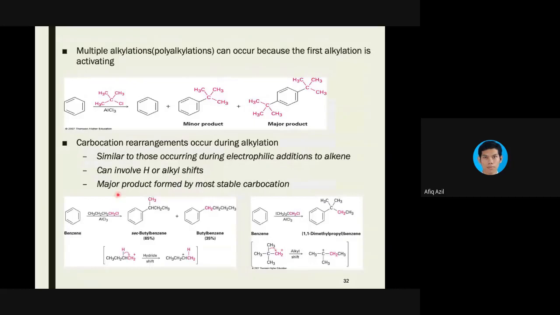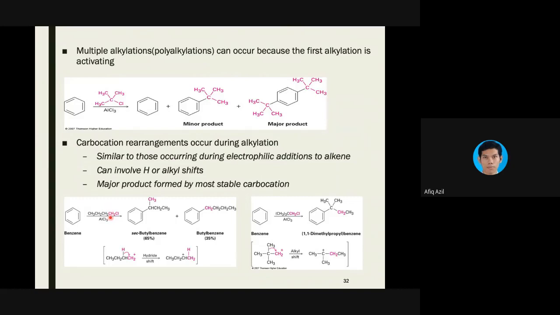Let's look at an example. For example, you have this benzene and it is reacted with 1-chlorobutane. As you can see, two products are obtained: sec-butylbenzene, or secondary butylbenzene, and butylbenzene. If this chlorine is removed, taken by the AlCl3, this pink carbon will be the carbocation.